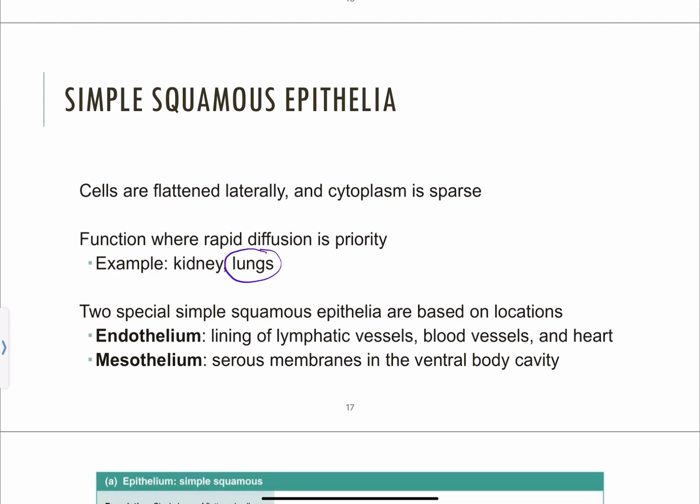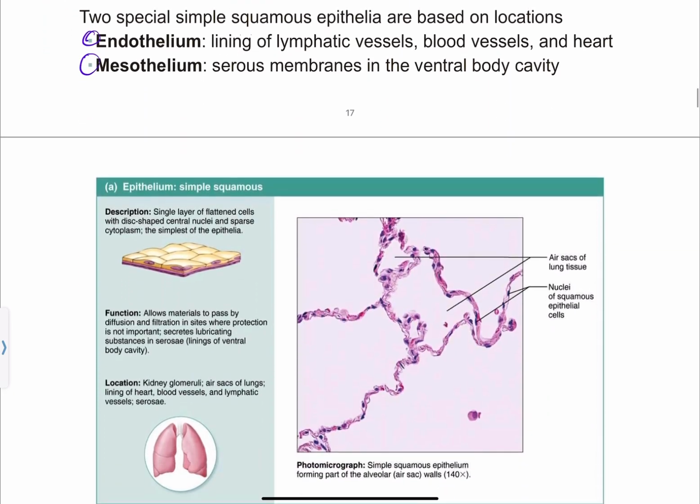So when you hit AMP2 and you hit the cardiovascular system, they'll talk a lot about the endothelial cells that make up these vessels. Then you have the mesothelium, and this is going to be the epithelia that makes up the serous membranes in the ventral body cavity. So I would be aware of the 2 specialized types of simple squamous epithelia.